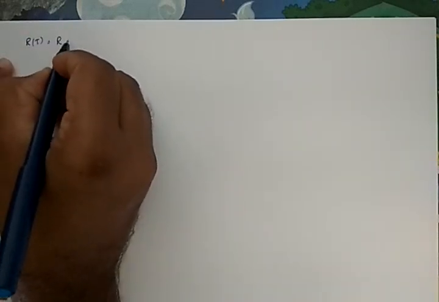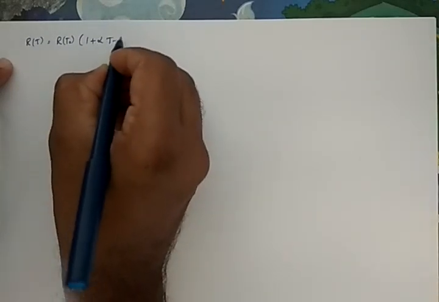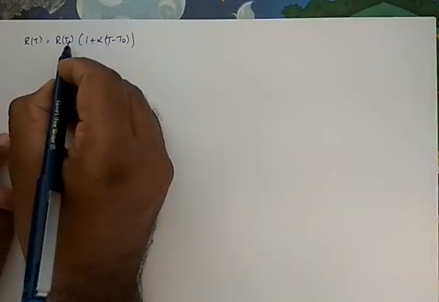So I already got the equation R of T equals R T0 into 1 plus alpha (T minus T0). I am fixing my reference temperature as 0 degrees centigrade.